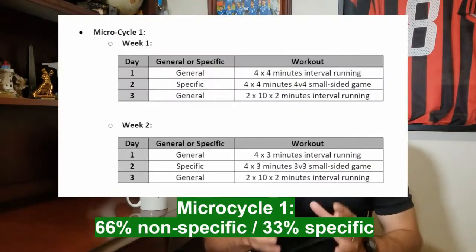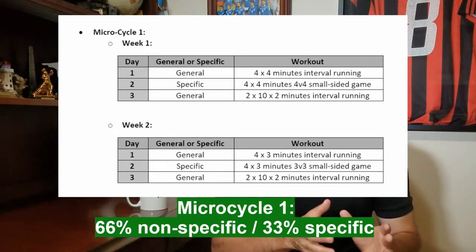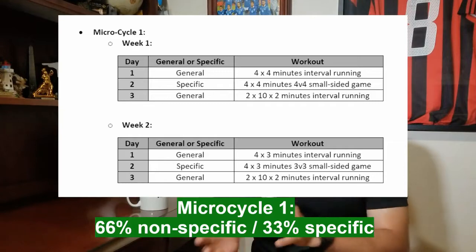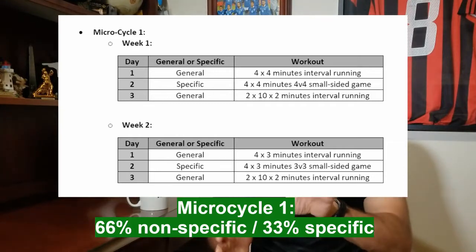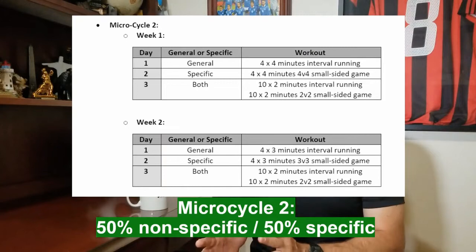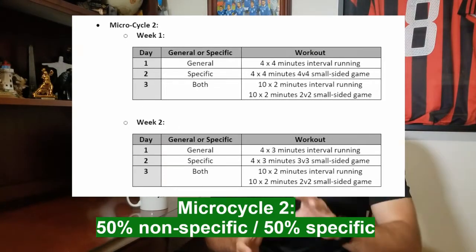As you can see, in microcycle 1, weeks 1 and 2, the total percentage of time spent on general or non-specific training is 66%. That's 2 out of 3 days. While the total time spent on specific training is 33% or 1 out of 3. As the plan progresses into microcycle 2, a greater percentage of time is spent on specific versus non-specific work, 50% for each.